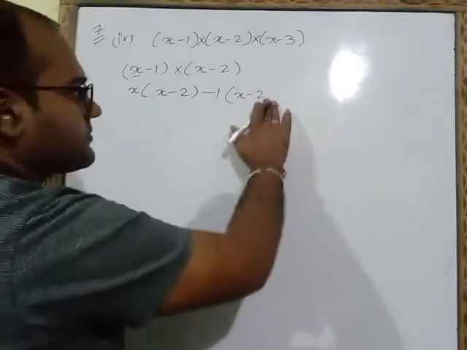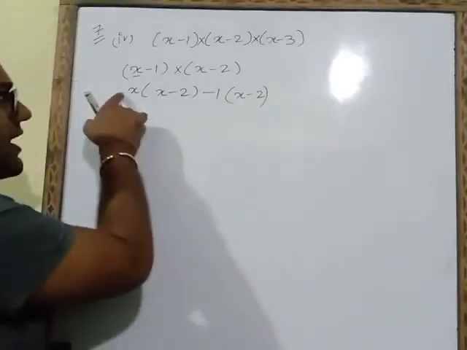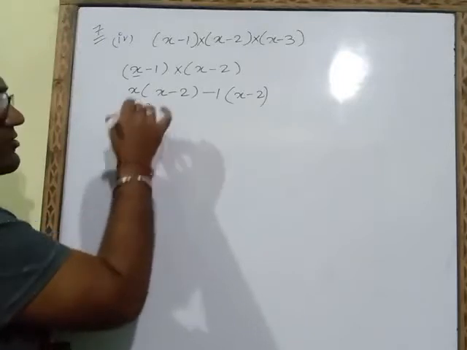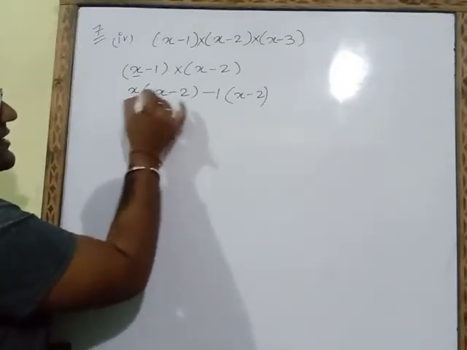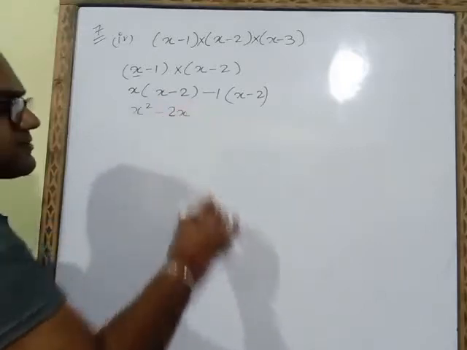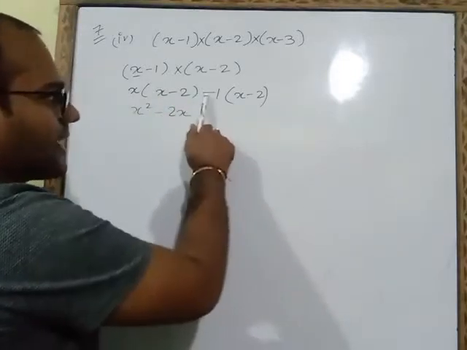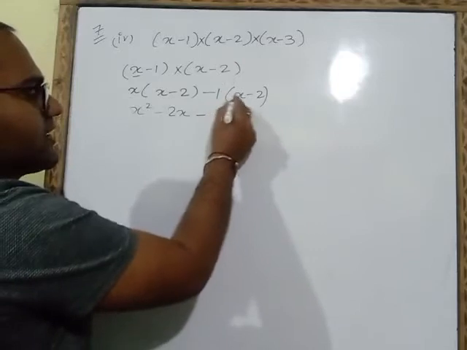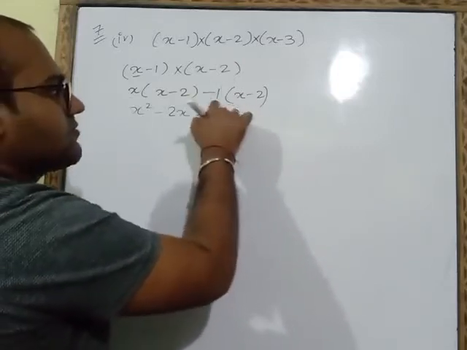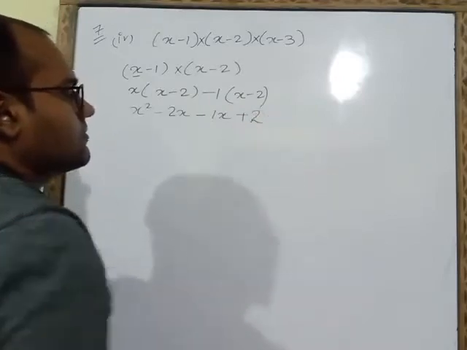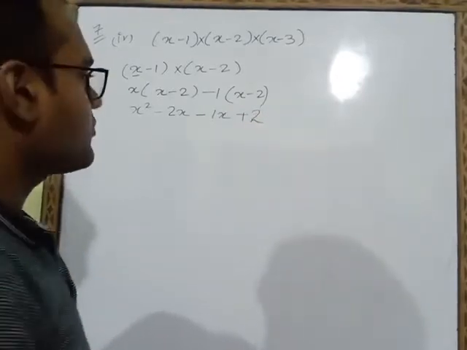Now we will open the bracket. x into x will be x square. Now sign plus minus minus, x into 2 will be 2x. Now minus plus minus, 1 into x will be 1x, minus minus plus 1 into 2 will be 2. Now in the next step, what do you have to do?